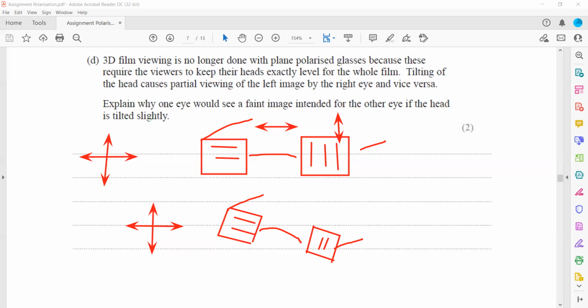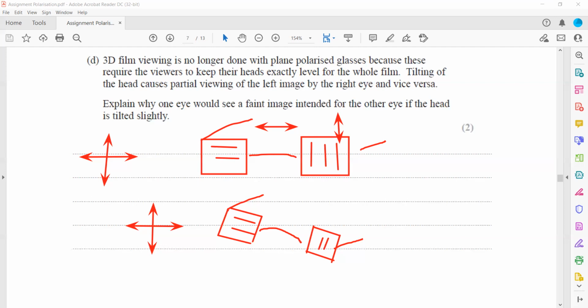The angle between the filter and the polarized light has changed. First it was 90, but now it is not 90. So light for one eye has a component in the other, because when the planes are exactly perpendicular, no light is able to pass through. But if it is not exact, some of the light is able to pass through.